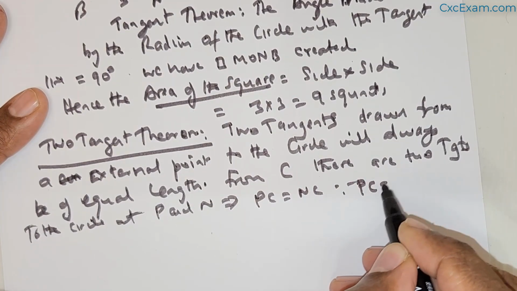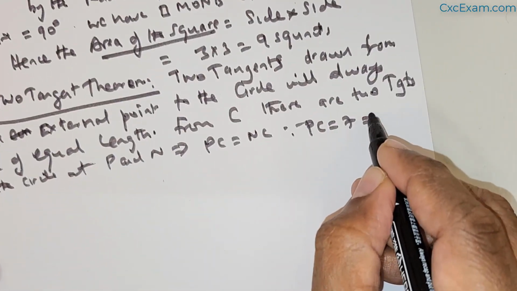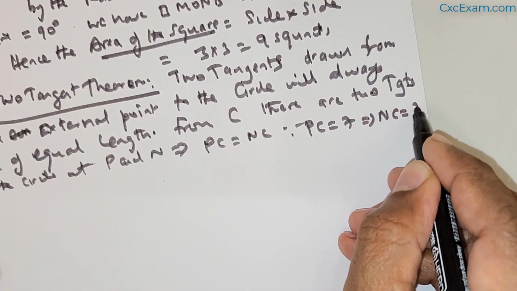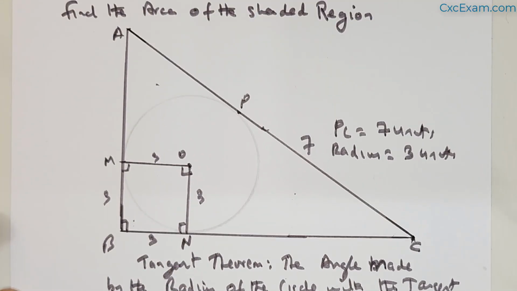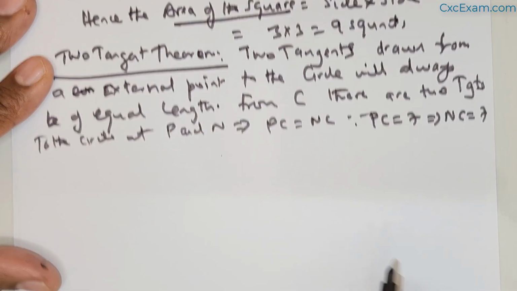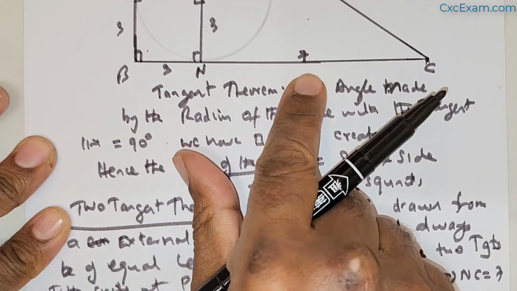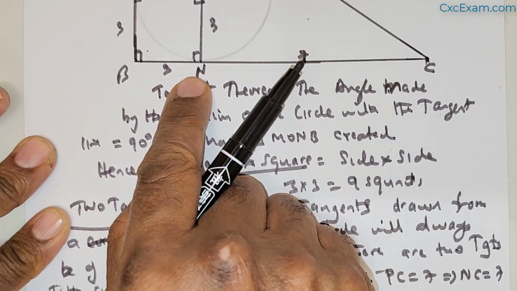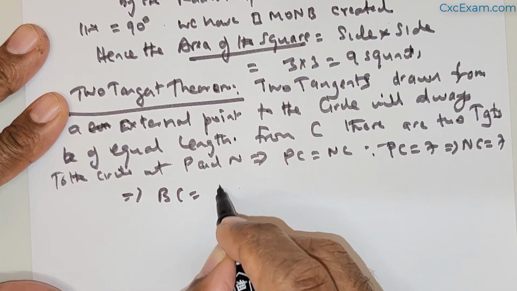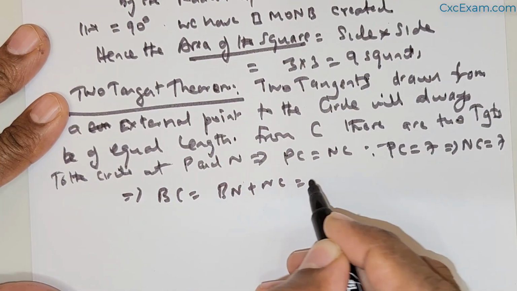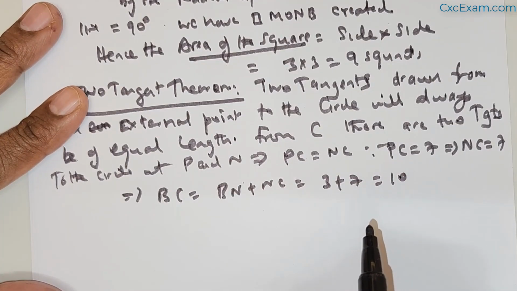Now since PC is equal to 7, this means NC will also be equal to 7. So let me write that down there, 7. This NC is 7, BN is 3 units, so this means BC is BN plus NC, which is 3 plus 7, equal to 10 units.